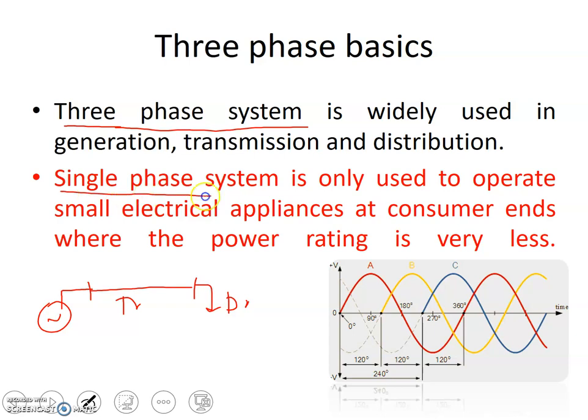While a single-phase system is used only to operate small electrical appliances at homes, which require very small power rating. So we will see what are the advantages of the three-phase system and why it's so prevalent and used widely throughout the world.